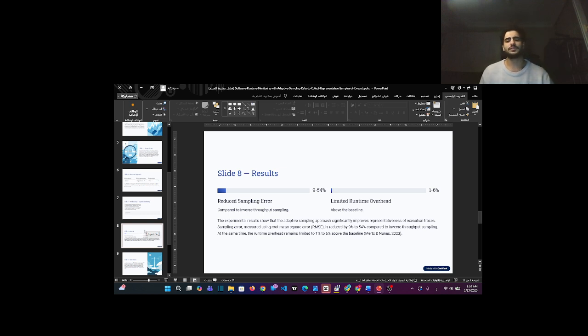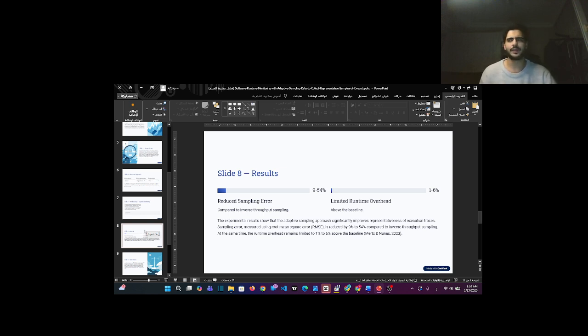And for slide 8, we have the results. The experimental results demonstrate that the adaptive sampling approach significantly improves the representativeness of execution traces, especially sampling error. It is measured using root mean square error, and it is reduced by 9 to 54% compared to inverse throughput sampling.